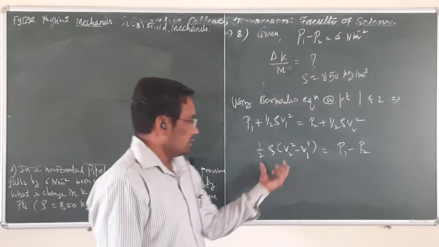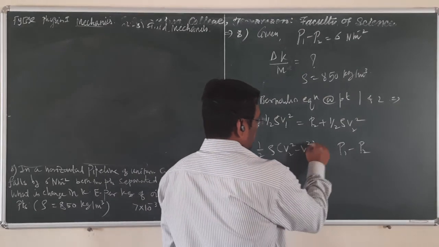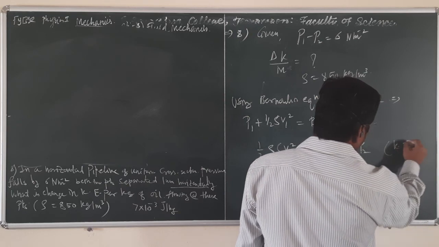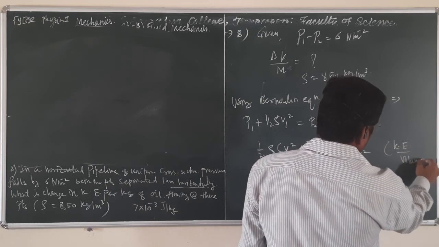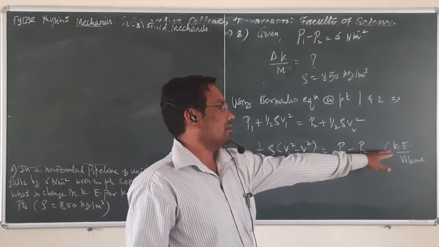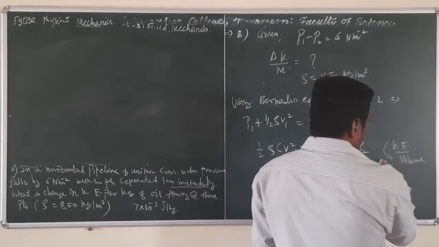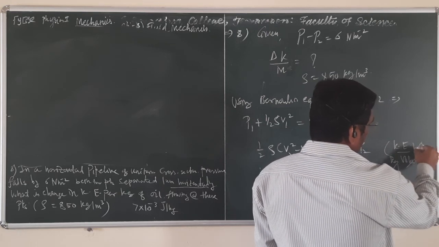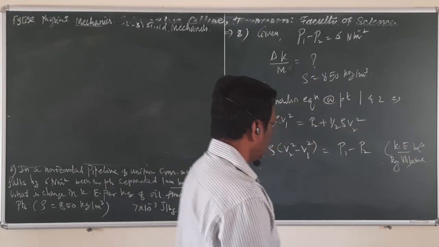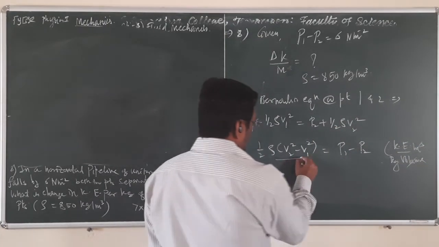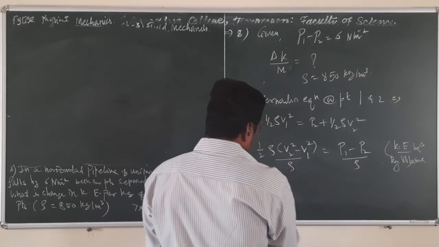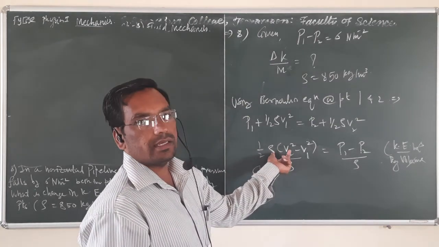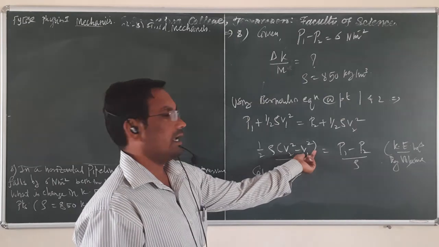Now in our derivation we know that this term 1/2 rho V squared is kinetic energy per unit volume. If you divide this term by density, which is kg per meter cube, we get kinetic energy per unit mass. Then this is nothing but the change in kinetic energy, because 1/2 rho V2 squared is the kinetic energy at point 2 and this is the kinetic energy at point 1.